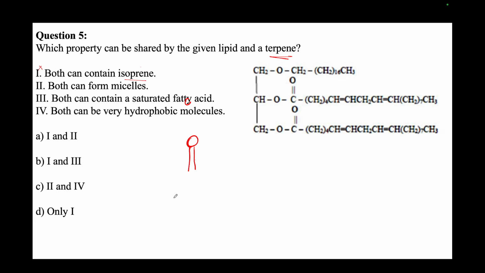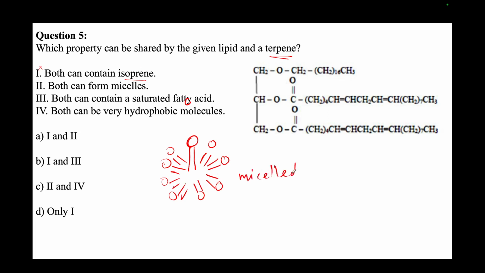When these lipids are in an aqueous solution, what will happen? All the polar parts will be on the surface and all the non-polar chains will face inwards and form a circular or spherical structure called a micelle.